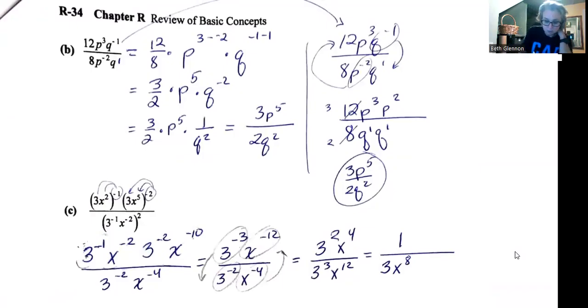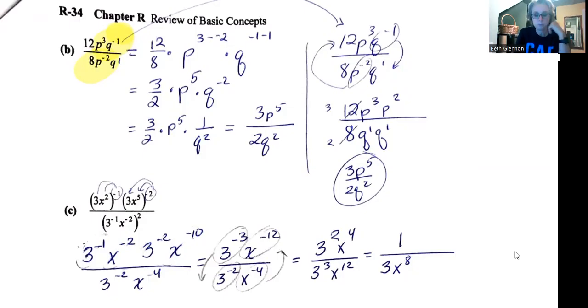What I like to do, I'm going to switch to a different color here. I like to identify the negative exponents, and those are the terms, if you could see them, that are going to move, okay? You're going to take these terms here. Oops. Well, look at that. I got a highlighter. You're going to take these terms here with the negative exponents, and they're going to go ahead and move to the other side of the fraction.